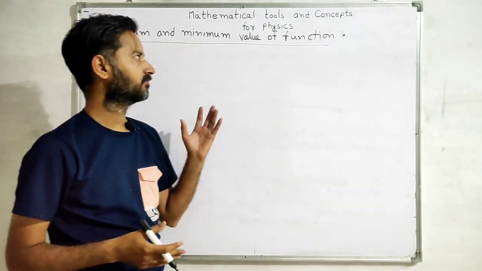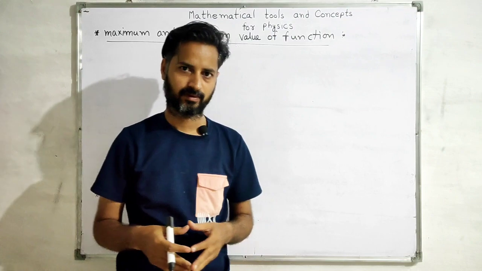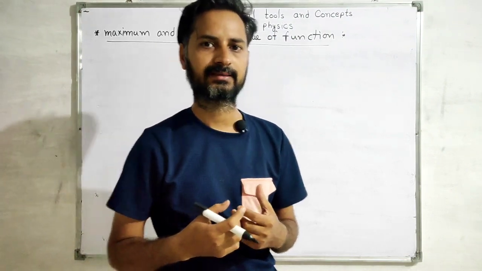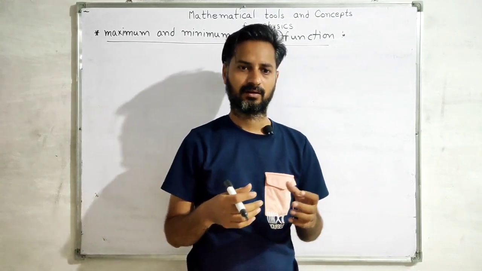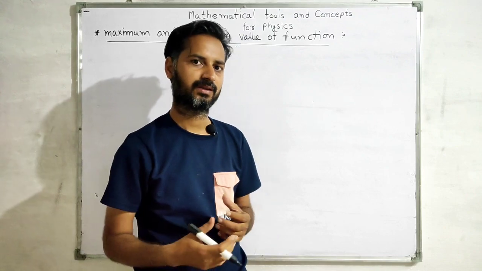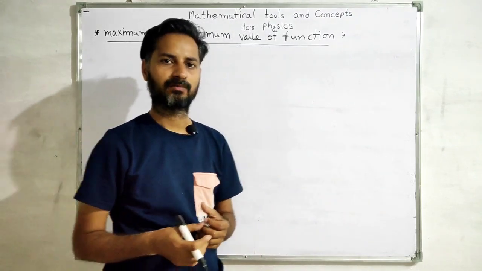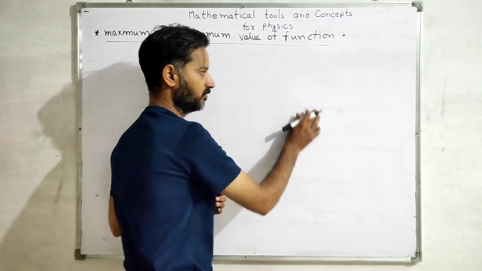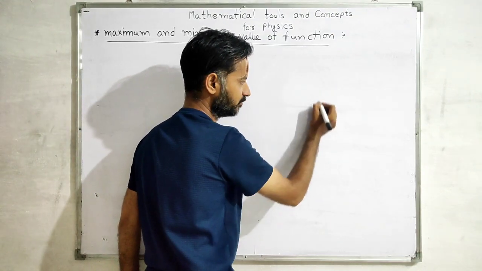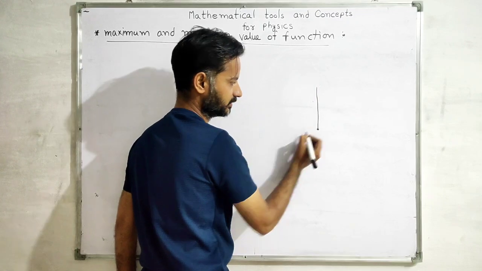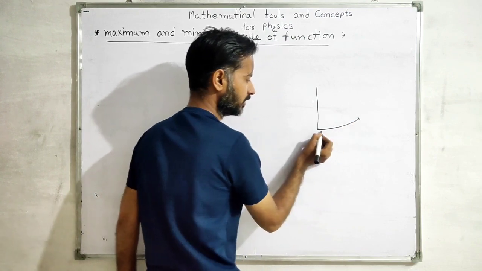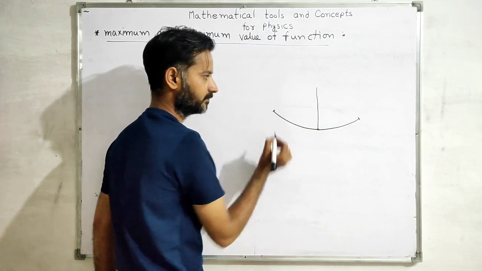Maximum and minimum value of a function. For this we have to understand an example like a pendulum. We are familiar with the motion of a pendulum. A pendulum moves to and fro from a particular mean position like this, and it goes to a maximum here and here.